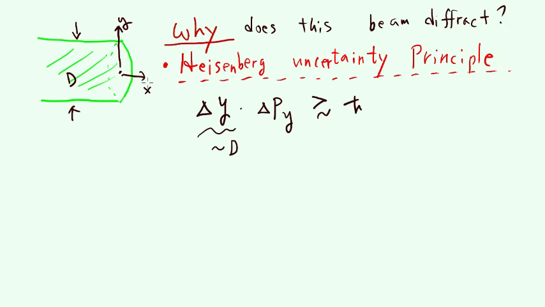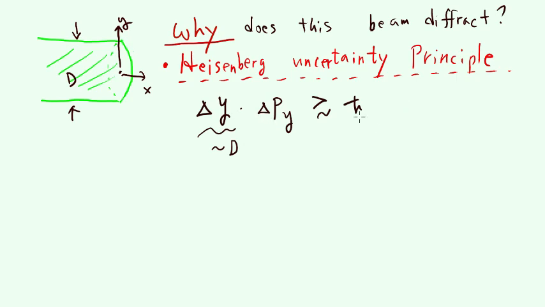Pi d over 2, that's actually a little bit too big. Anyway, d over pi or something like that. Depending on the definition, the exact value of delta y will be different, but up to a numerical factor, we know it to be surely d. So that's the kind of calculation that we're doing.